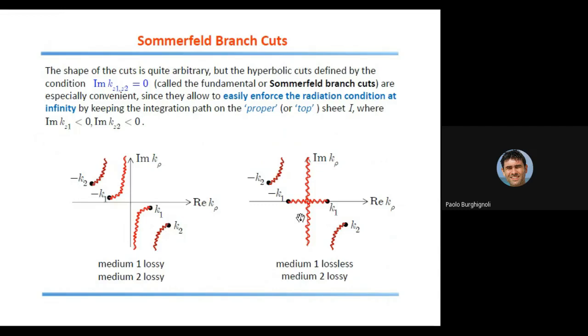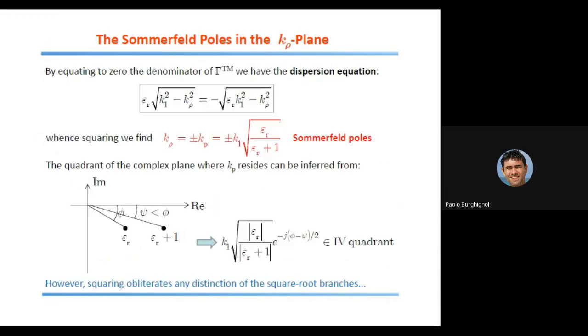Whereas if the medium in the lower half space is lossy, the remaining branch cuts, those in dark red, remain hyperbolic. Okay, so this is the situation of our complex plane. In order to move from a Riemann sheet to another one, you need to cross the branch cuts, okay, as we illustrated in our first lesson.